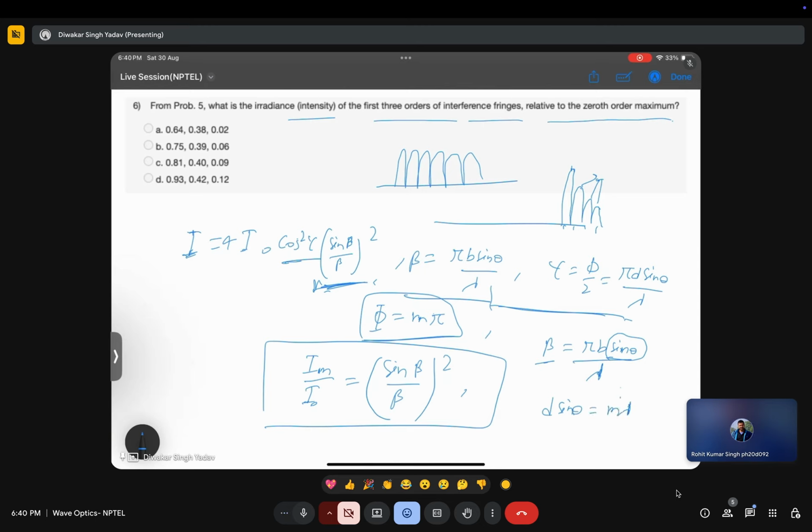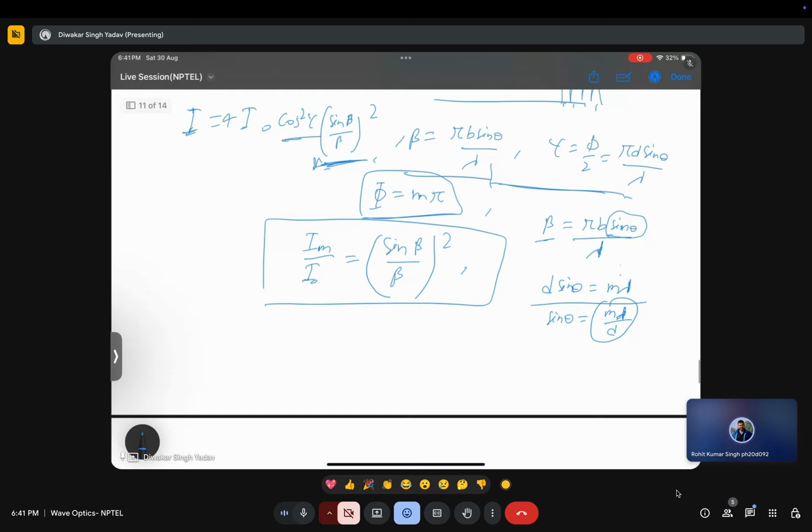This is the interference maxima condition. So from here we get the sine theta value and we can use this. Okay, so basically you have now sine of pi b m lambda by d lambda, by pi b m lambda by d, whole square.